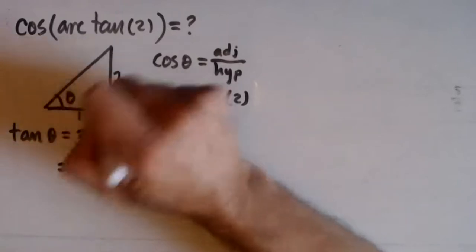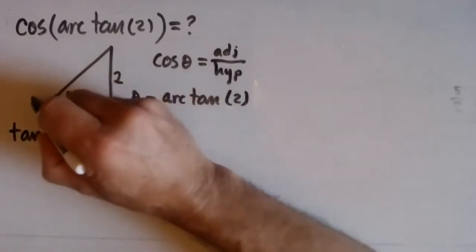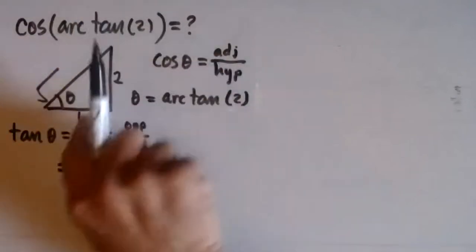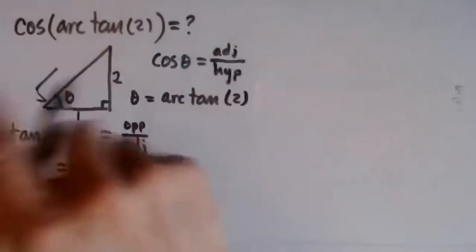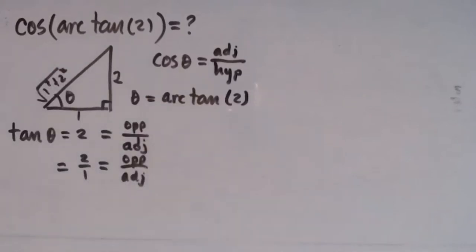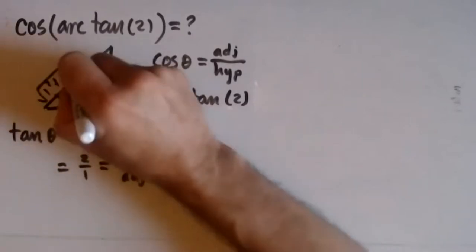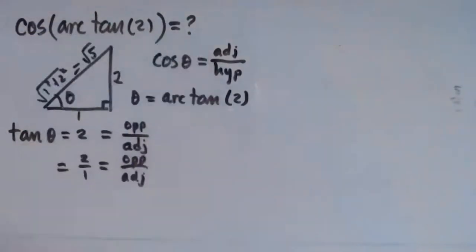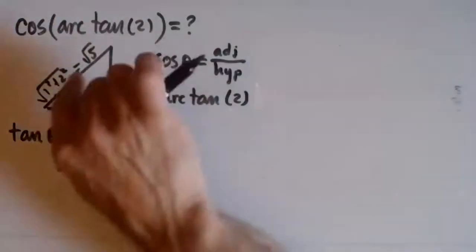Okay, according to the Pythagorean theorem you learned in middle school, this square plus this square. 1 squared plus 2 squared. Okay, 1 plus 4 is 5. So this is the square root of 5. Okay. That's very simple. This is the hypotenuse.